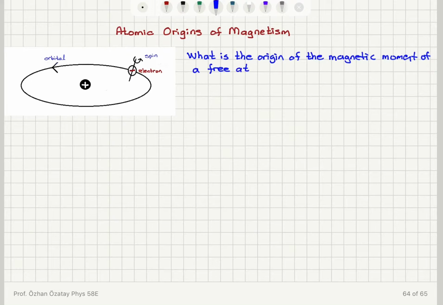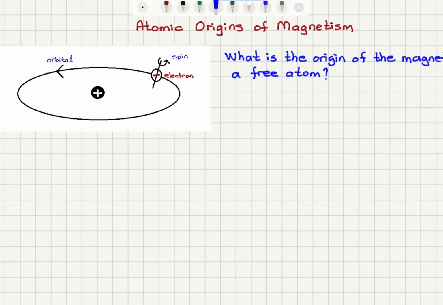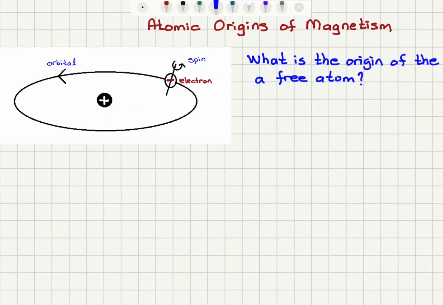So let's start with a free atom here. When we look at an electron that is orbiting around the nucleus, we have positive charge in the nucleus due to protons, and the electron is moving in an orbit, so it has an orbital angular momentum, and it's also spinning, so it has a spin angular momentum.